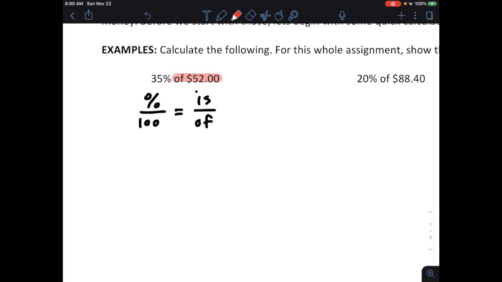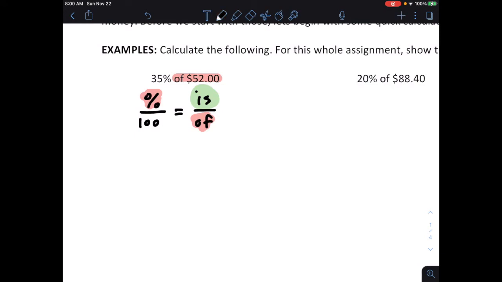The two things we have here are the percent and the of. And I want to point out that whenever we are talking about taxes, tips, and discounts, we are always going to be finding the is. This is always going to be our goal in every single question that we calculate.